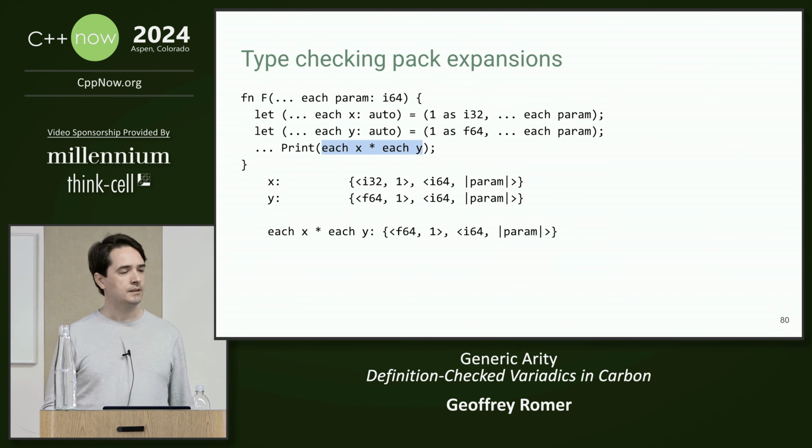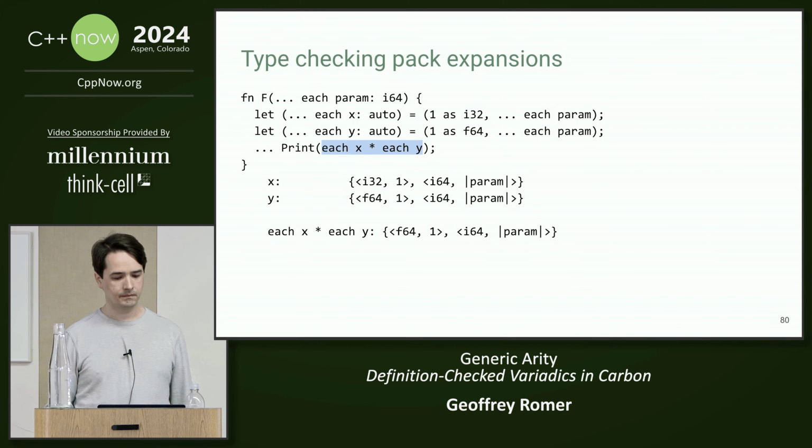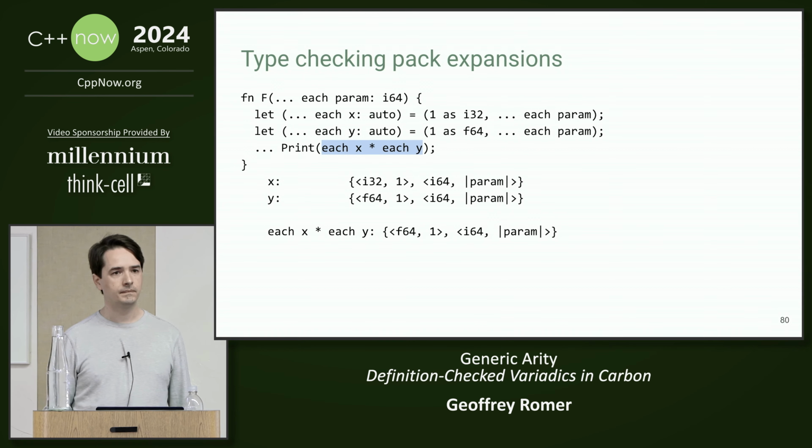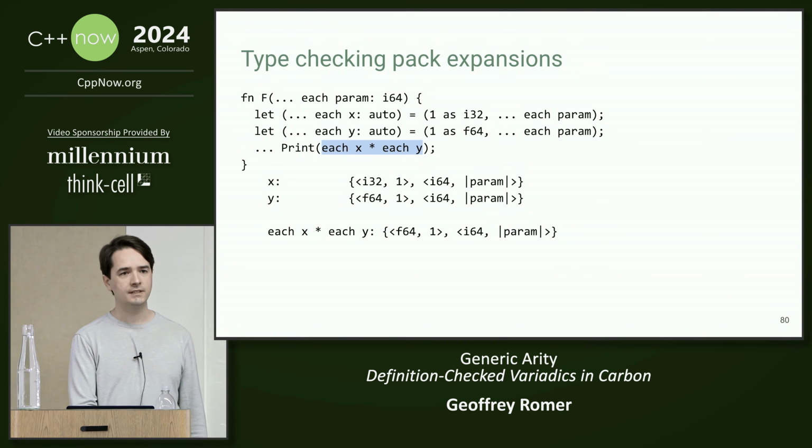But within a single pack expansion, everything has to have the same shape. If I hadn't used x and y together in that print statement, I could still have written it, if those two types never interact with each other. Right. If they never appeared in the same pack expansion, that'd be fine.